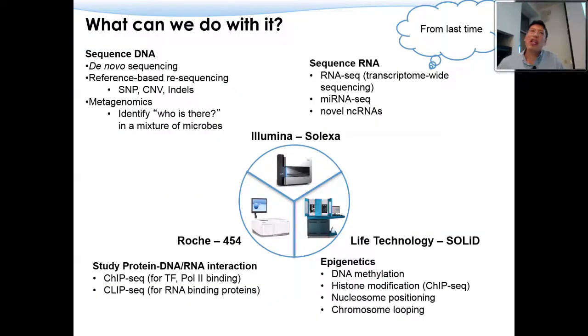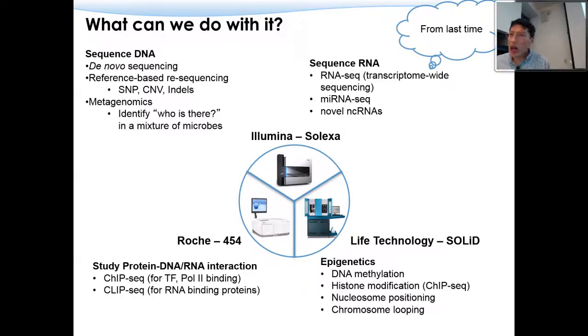So a little bit refreshing your memory about what we talked about last time. The major topic is these sequencers are fast, but what can we do with them? The major applications include many different domains, including the sequencing of DNA, which includes de novo sequencing, which means that at the time we do not have a reference genome.